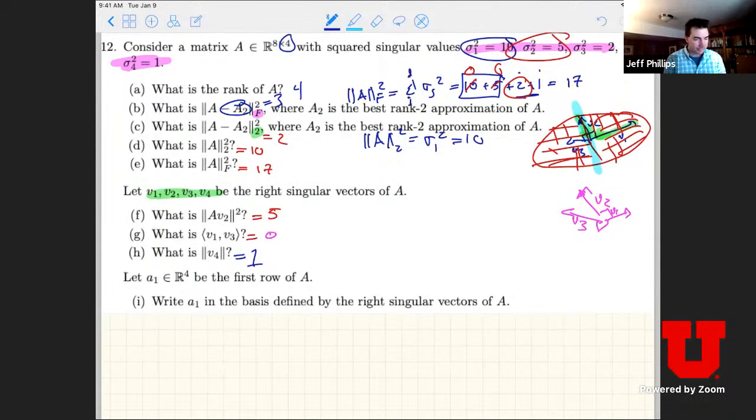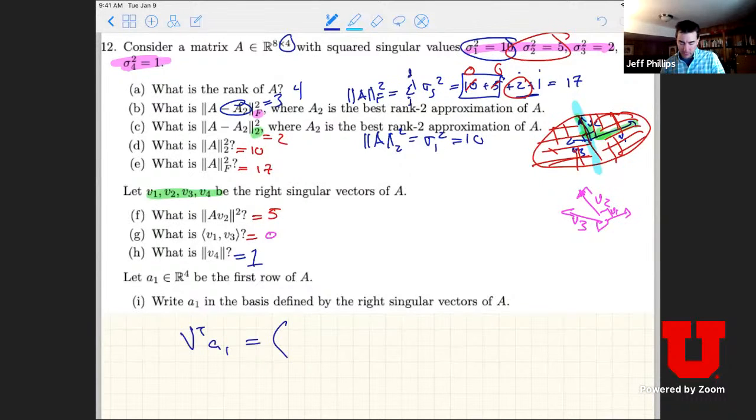Okay, last part, write A1. Let A1 be the first row of A. Write A1 in the basis defined by the right singular vectors of A. These right singular vectors give me a new basis that tells me the most obvious way the data is scaled, and I want to write it in that basis. So this is basically V transpose times A1. It's going to give me another 4-dimensional vector.